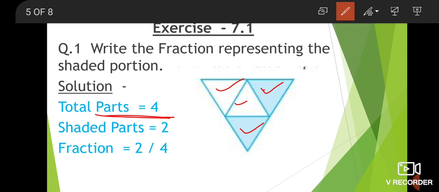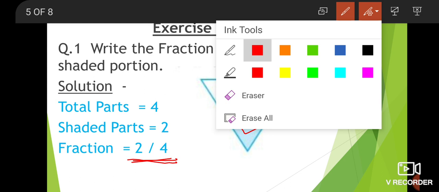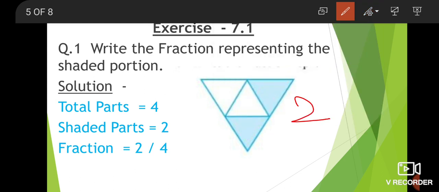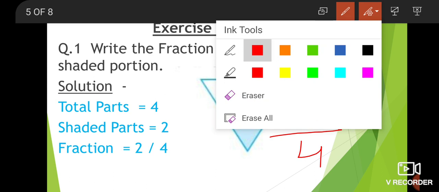So total parts become 4, and the number of shaded parts is 1 and 2, only 2. So the fraction will become 2 upon 4.